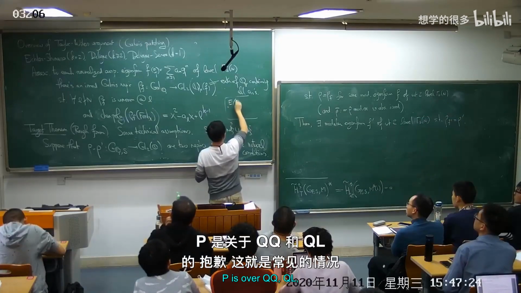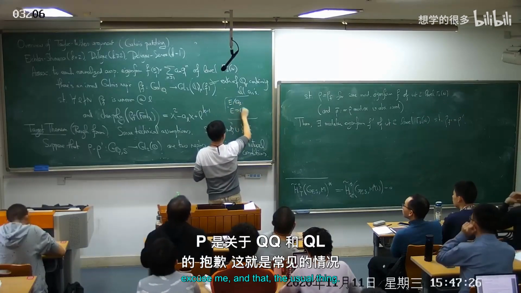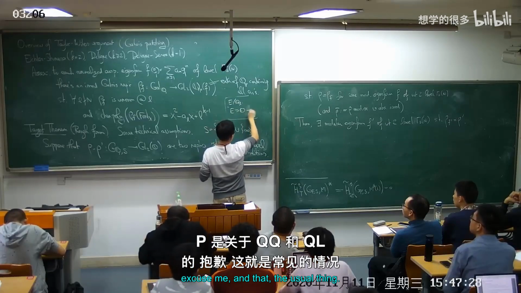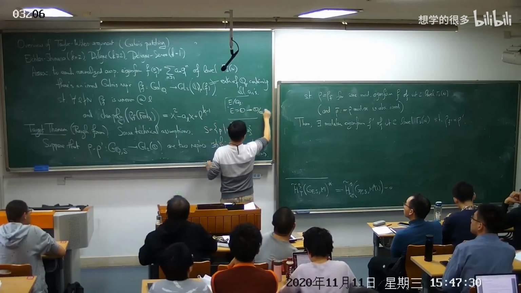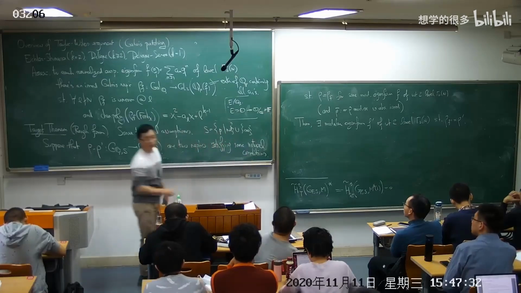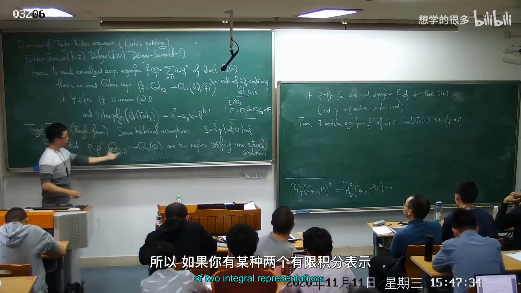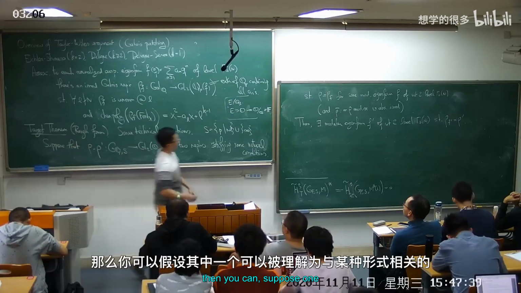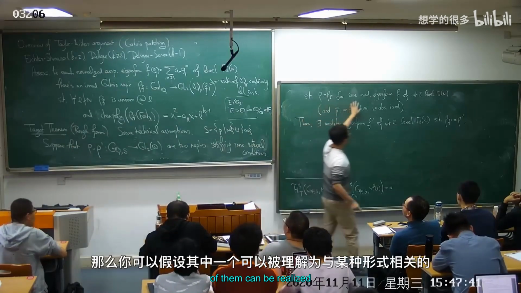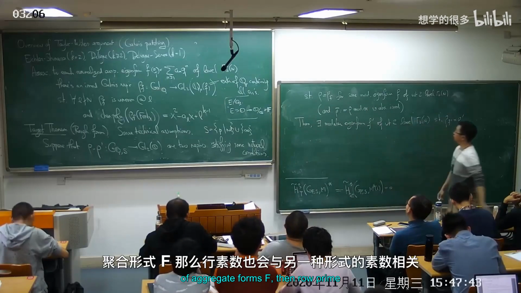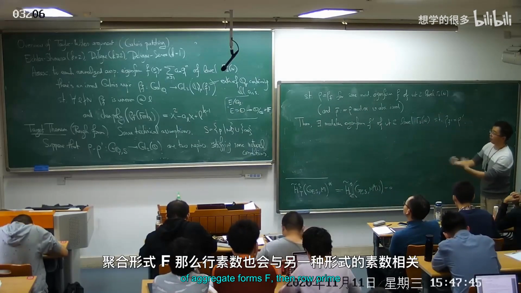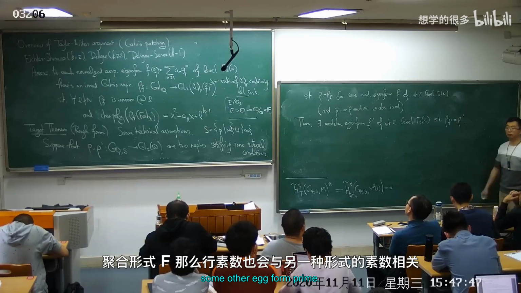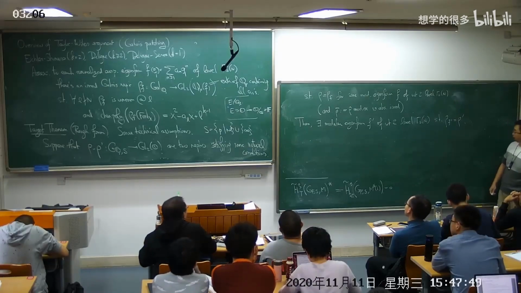E is over Q_l, excuse me, and that's the usual thing. So if you have two integral coefficient representations, and suppose one of them can be realized as associated to some eigenform f, then rho prime will also be associated to some other eigenform f prime.